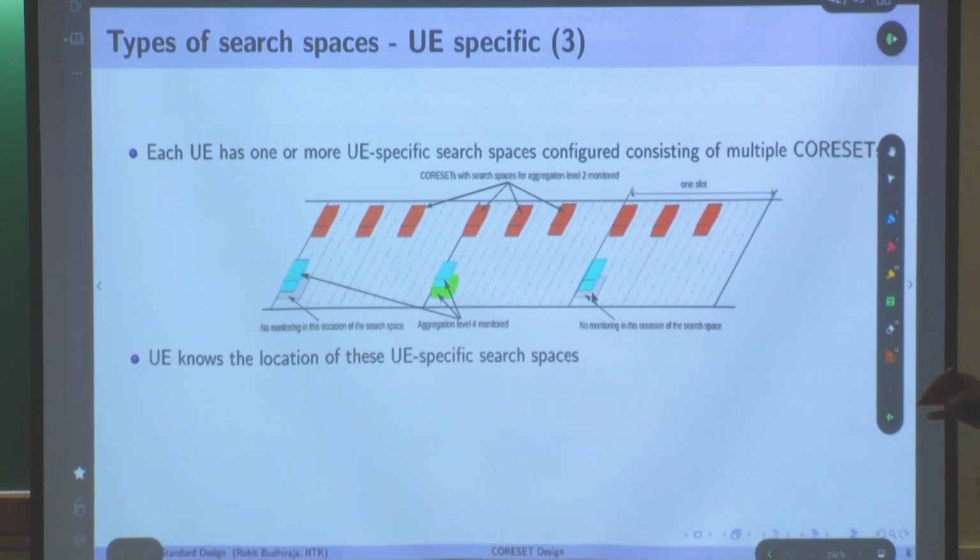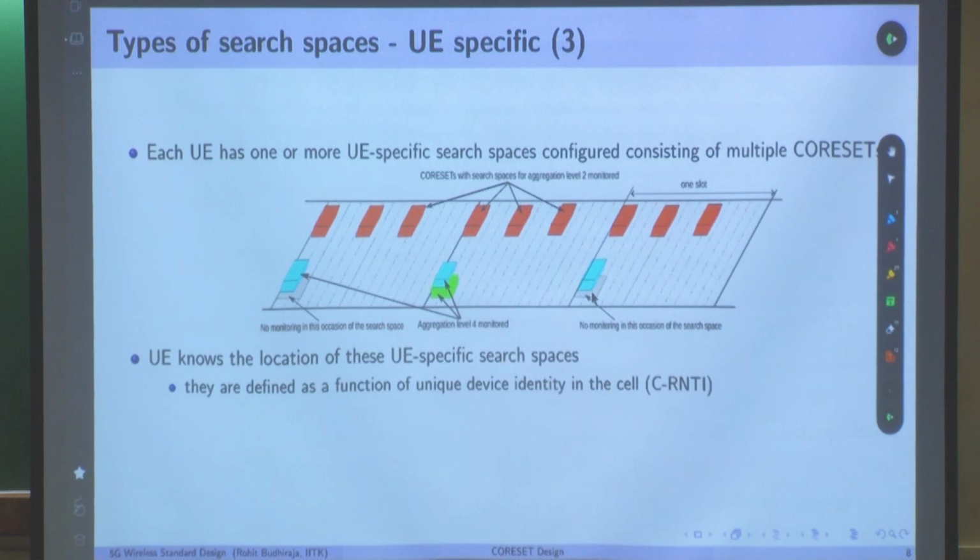Okay, and to be clear, the UE knows the location of these UE specific search spaces. Okay, right. How is it known? Let's leave it at this, because some other signaling is required for that. Okay, and how is it defined? Okay, right. When a user is trying to enter the network, as we discussed in some form, a user is given this identity.